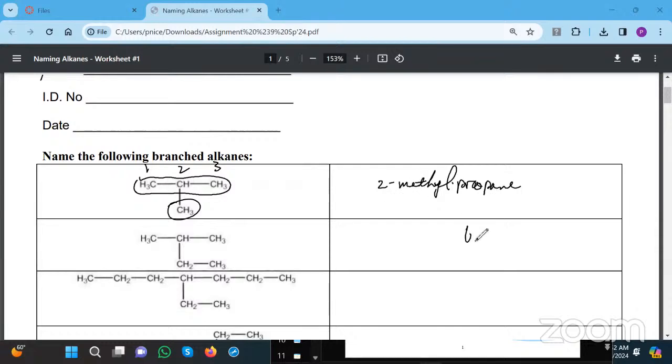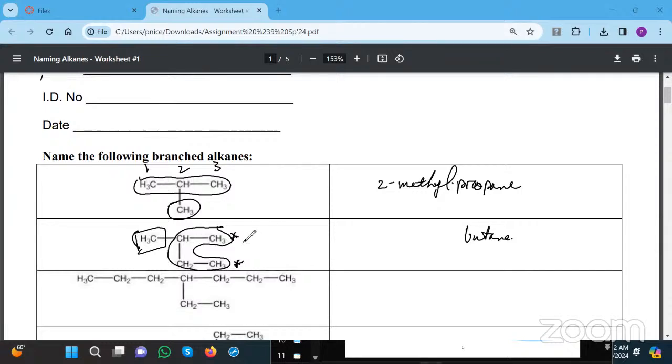Okay, so butane would be the parent name. Okay, and basically these would be the 4 carbon atoms in that longest chain, right? So the question now becomes, from which end would you start your numbering system? Would you start it from here or would you start it from here? And by the way, here's a branch here. Let me put that in squares. So that's a branch, right?